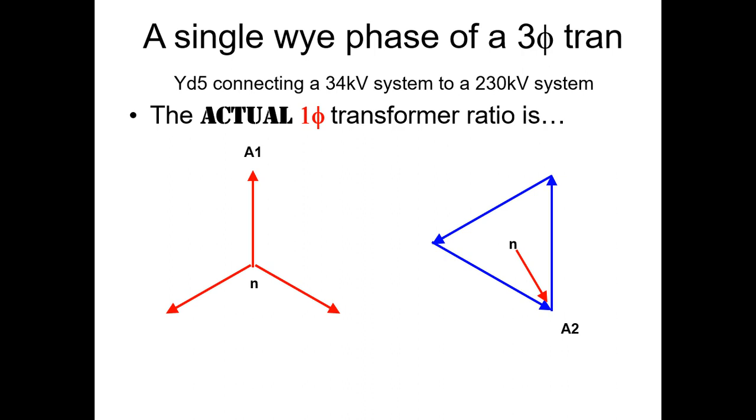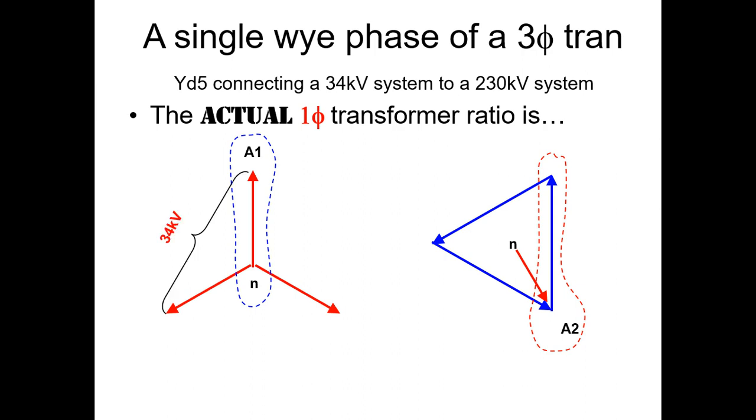Let's consider that we have a Yd5 connecting a 34 kilovolt system to a 230 kilovolt system. Remember, I'm talking of line-to-line voltages, of course. This is a three-phase system. The actual single-phase transformer ratio between the physical primary and the physical secondary of each one of the three-phase transformer windings would be between 34 over root 3 kilovolts and 230 kilovolts.